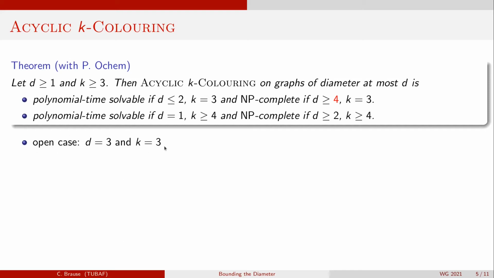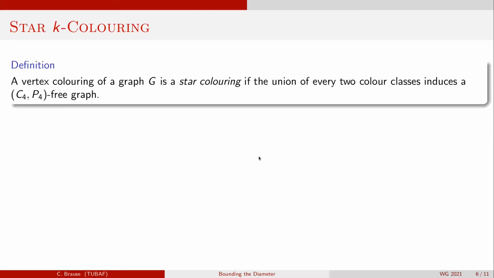and so it's quite a natural question to ask if there are variants of acyclic K coloring for which this problem becomes polynomial time solvable. We will show in a minute that star K coloring is such a variant. A vertex coloring in general is a star coloring if the union of every 2 color classes induces a graph which has no P4.